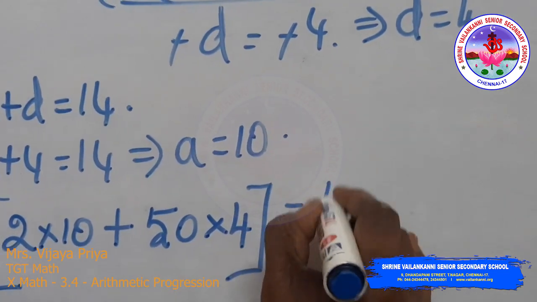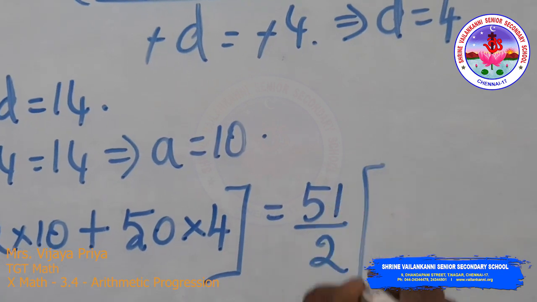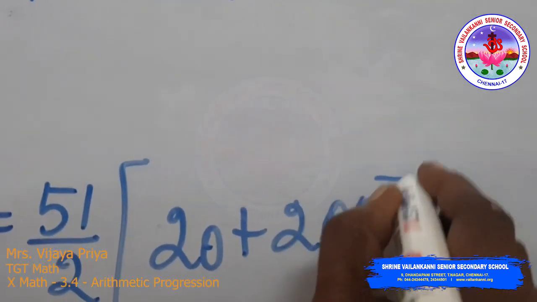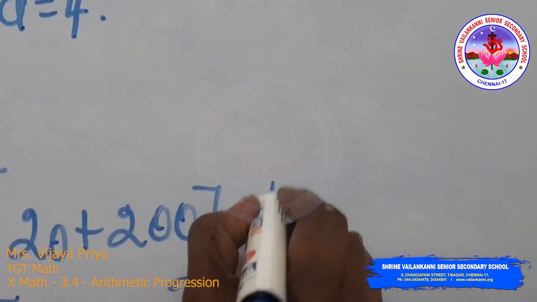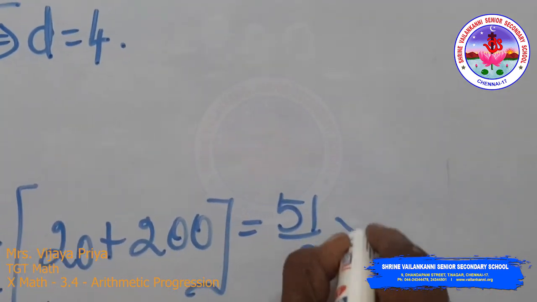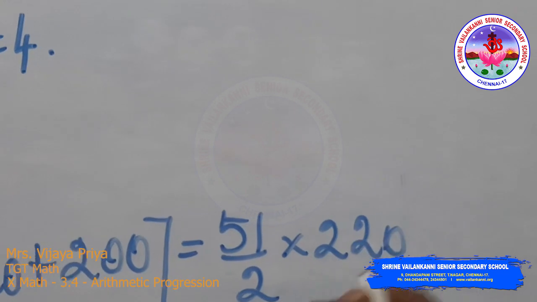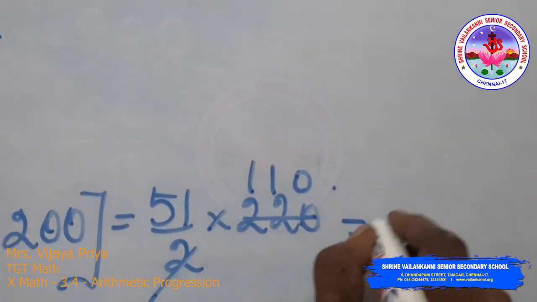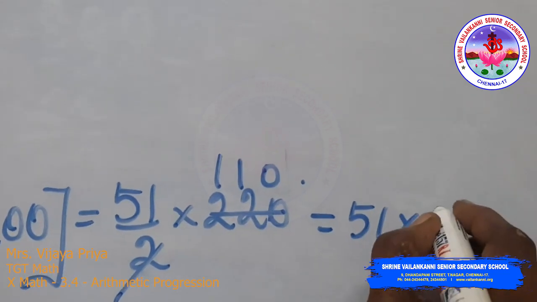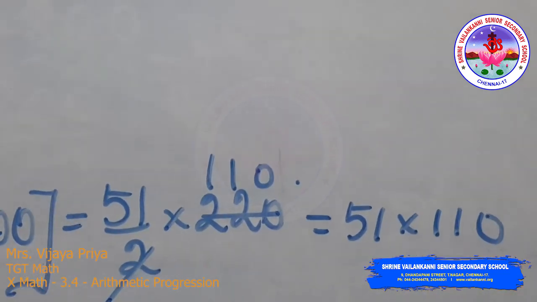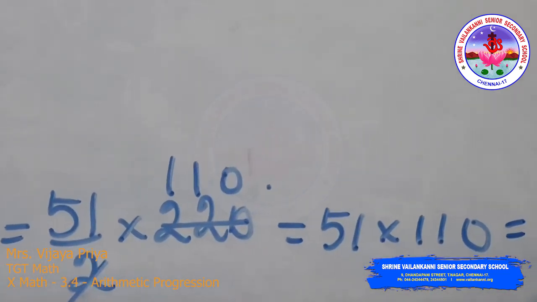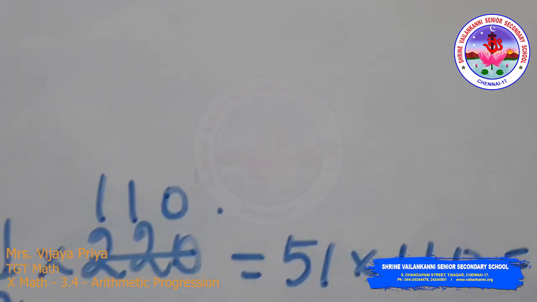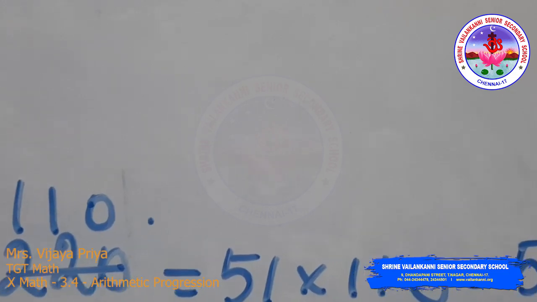So which is equal to 51 by 2 into (20 plus 200). So which is equal to 51 by 2 into 220. Further 2 will go 110 times. So 51 into 110 is 5610. So S51, sum of 51 terms, will be equivalent to 5610.